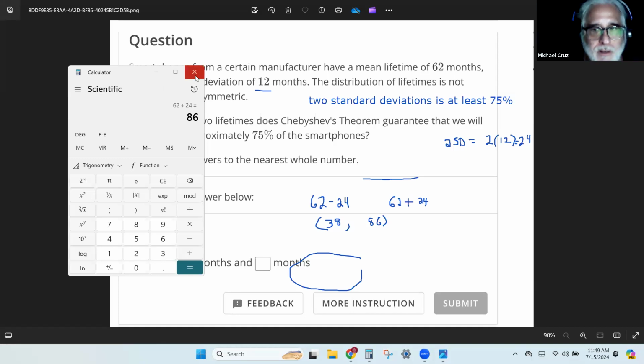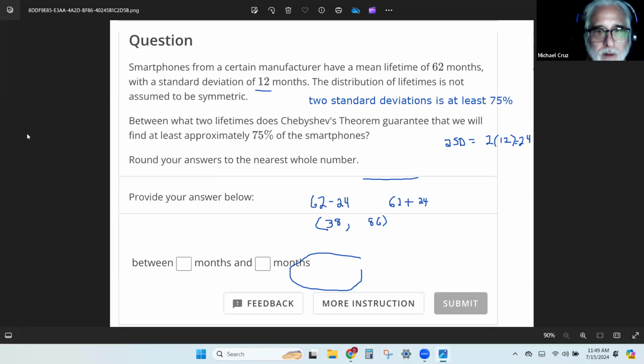So then here's our value. It's between 38 and 86. All I did to find 75% was go two standard deviations.